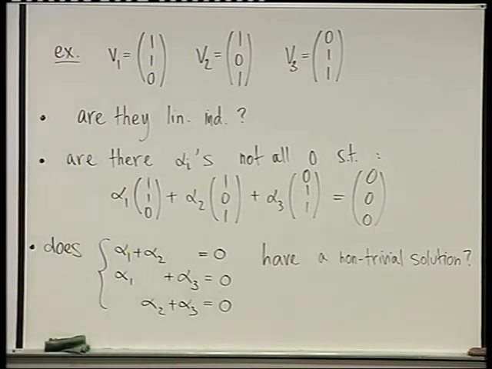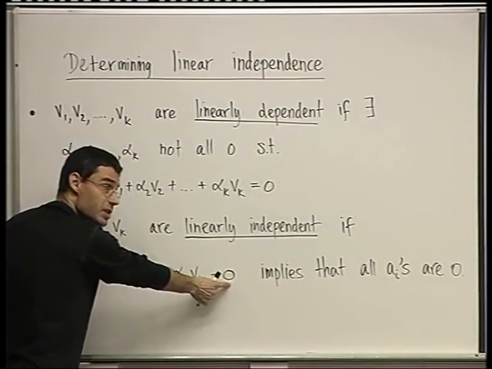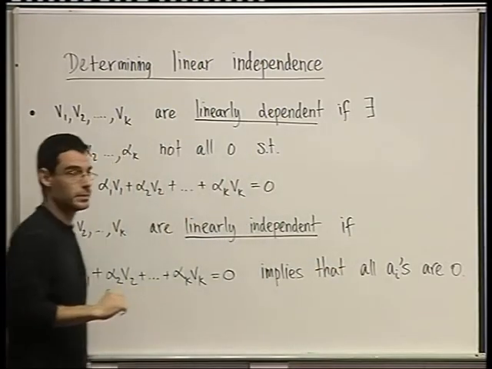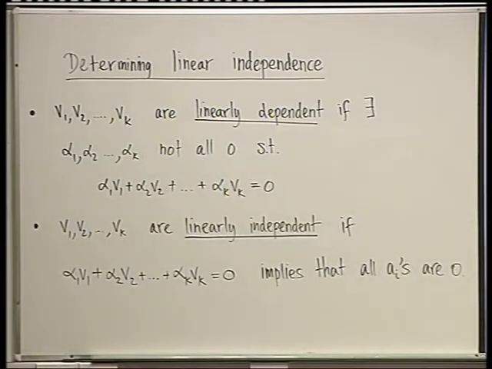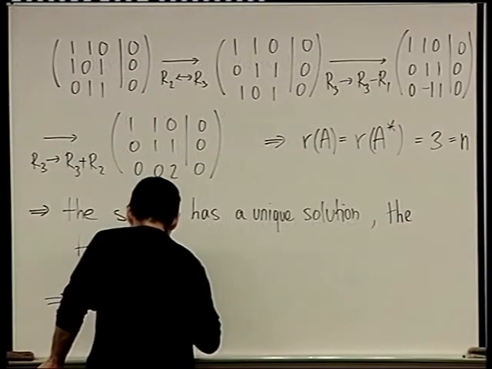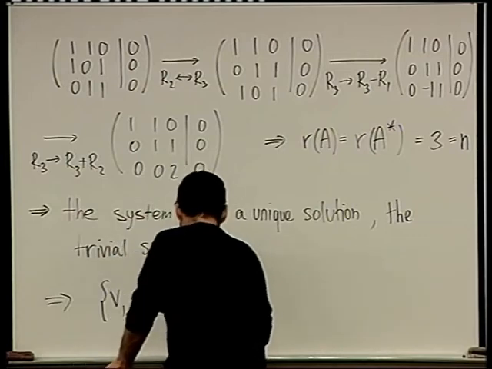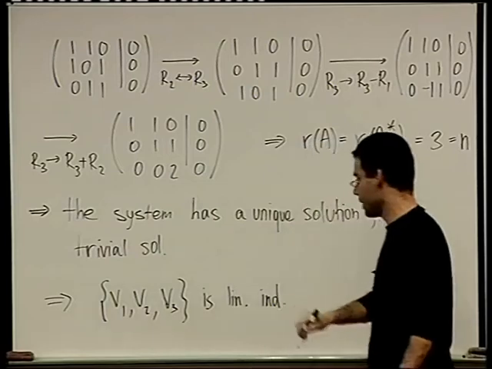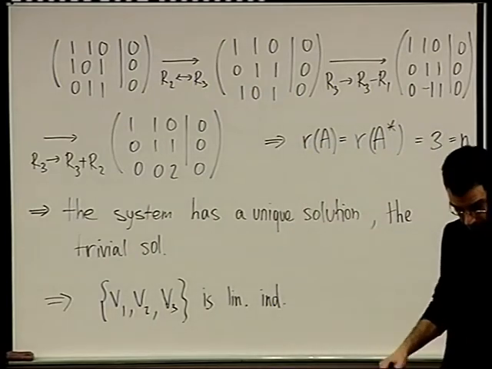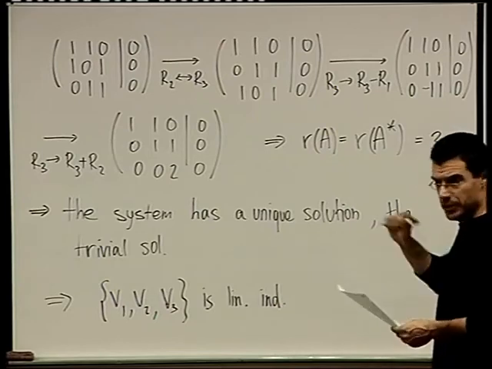Back one board, the only linear combination of the vectors that gives 0 is when all the alpha i's are 0. Good? So let's just sum that up. The conclusion: v1, v2, v3, this set of vectors is linearly independent. Good? By definition.